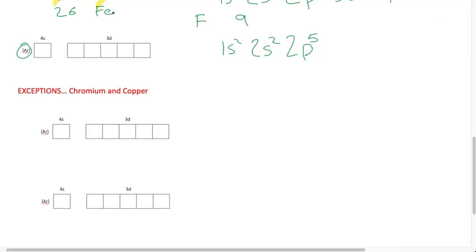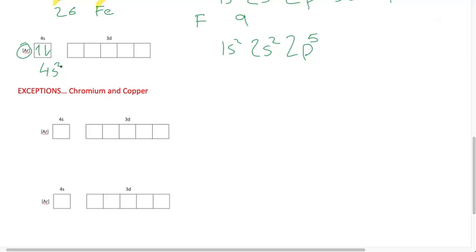So, we can use little diagrams to sort of show how these fill. So, 26, we've stopped at argon, which was 18, which means I need another 8 electrons in here. So, my 4s orbital, we use an up and down arrow to represent electrons. That fills up, so this becomes 4s2. We then start filling out our 3d.